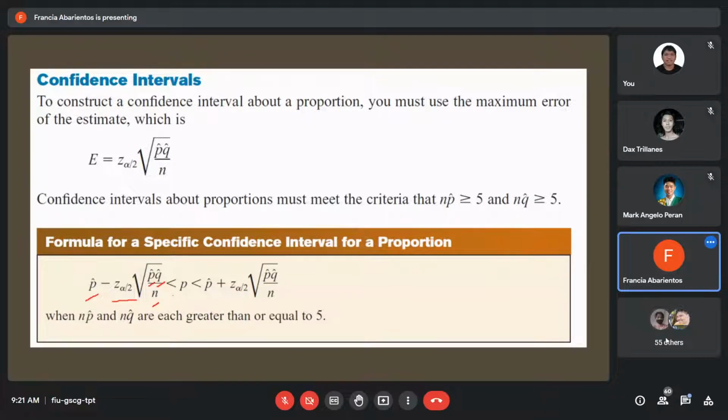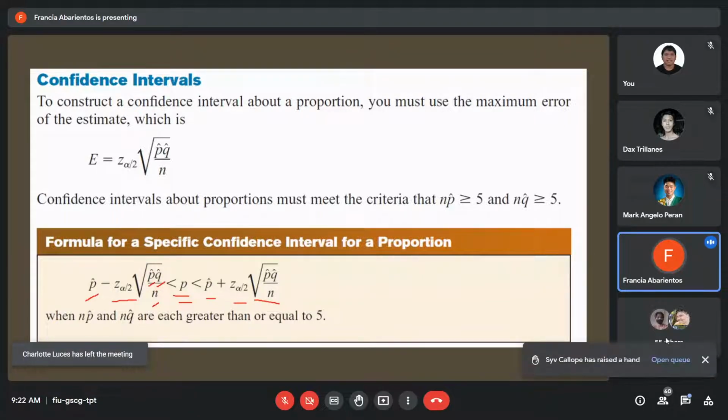Okay? Wherein it falls under less than the p and less than this value, the p hat plus the z-test times the square root of p hat and q hat over n. Okay? So, this is the maximum error of estimate.